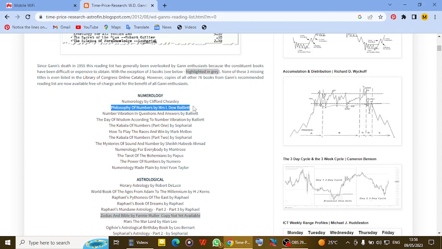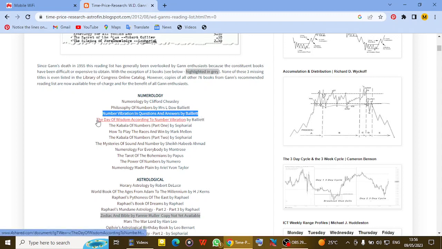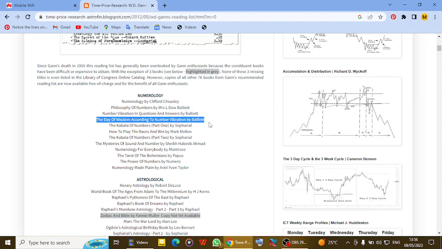There were three books by her that were recommended: Philosophy of Numbers, Number Vibration in Questions and Answers, and The Days of Wisdom According to Number Vibration. You can read those next, and then read through the other neurology books recommended.